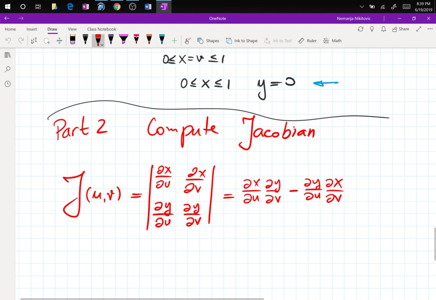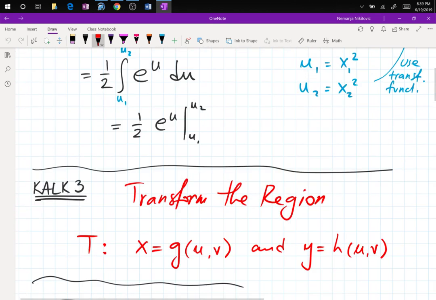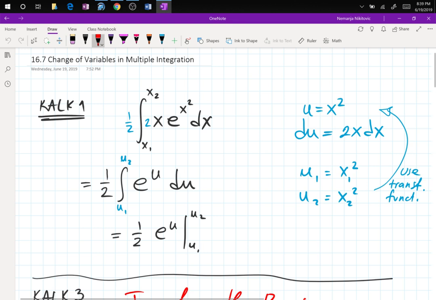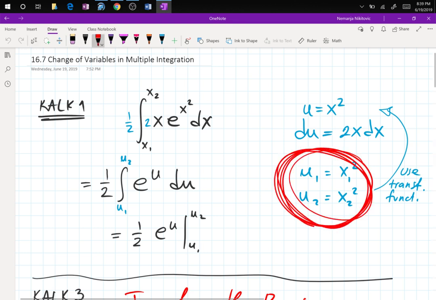So now let me go back to Calculus 1 example of U-sub and tell you that transforming regions corresponds to this part. Transformation that it's usually given to you in Calc 3 is this part, and this is your Jacobian over here.